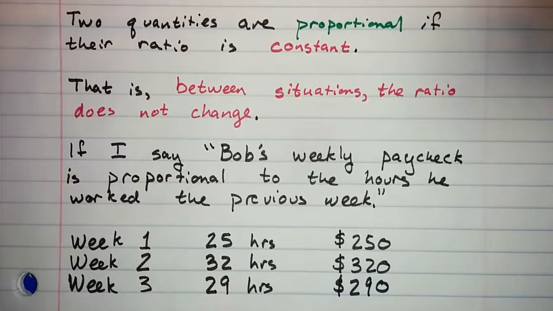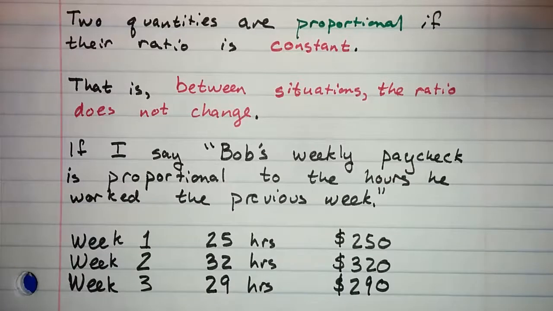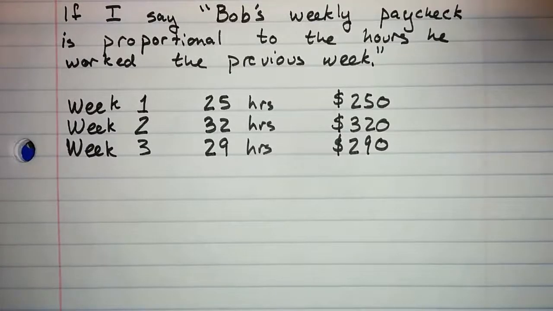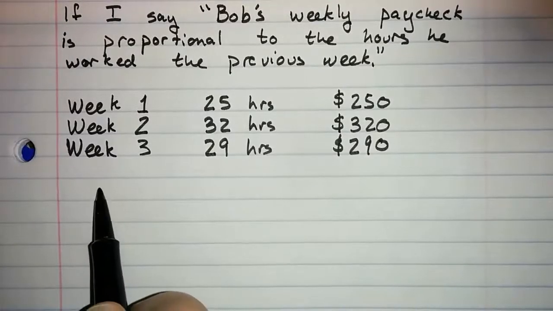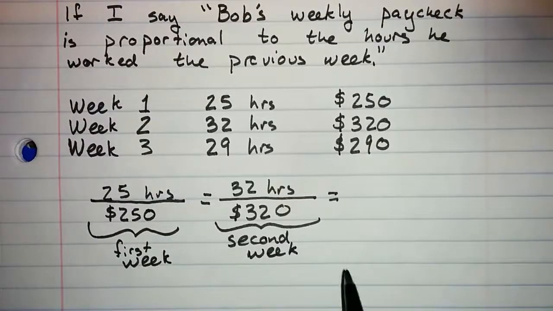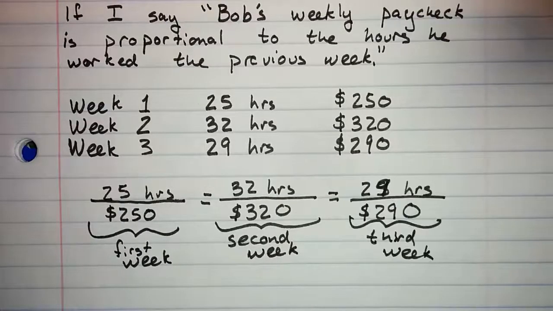If I write the ratio of paycheck to hours, or the ratio of hours to paycheck, I'll see that the ratio from the first week, the ratio from the second week, and the ratio from the third week should all be equal.